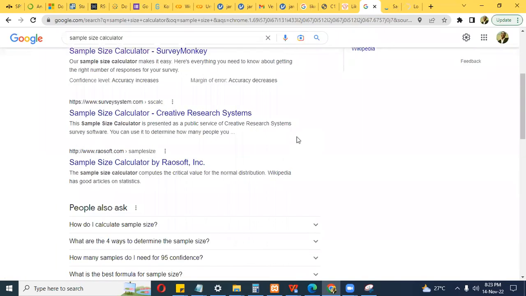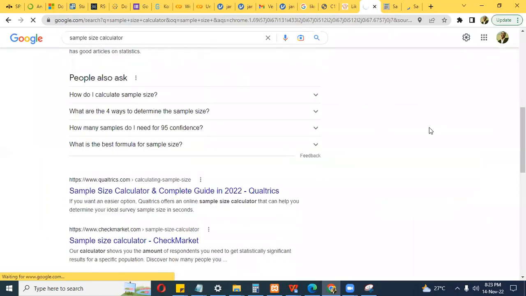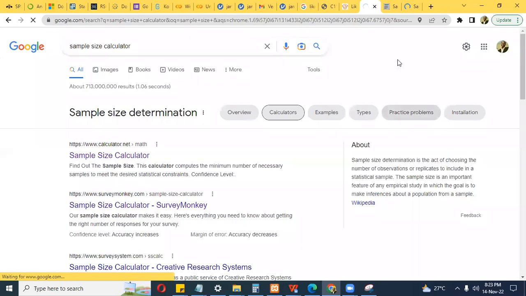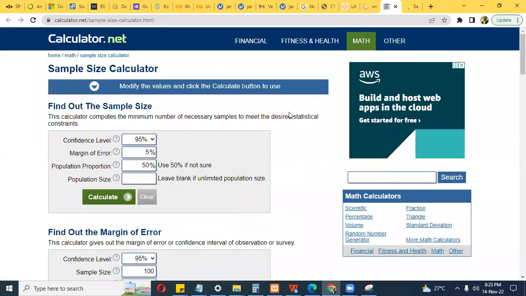If you were doing academic work, then we can go into all of the different formulas. But aside from that, you can just use a simple calculator to know the minimum number of respondents you can use to make a decision on the entire population.